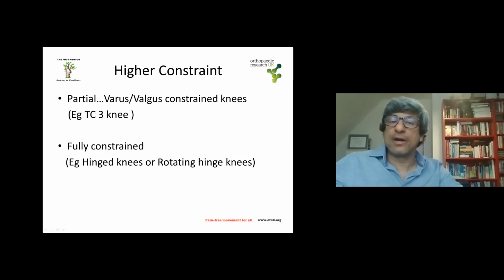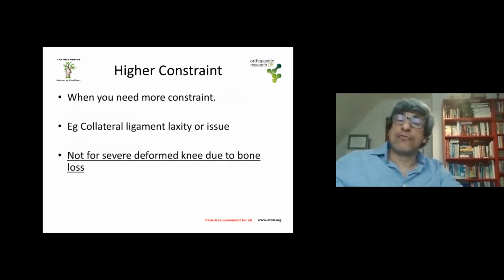And the next level up would be called a fully constrained knee, which we all know is a hinge. Nowadays, we don't use a hinge knee, we use a rotating hinge knee. So the next level up from your normal knee replacement for constraint would be a partial valgus varus constrained knee. And then say the next level up would be a fully constrained knee, which is a rotating hinge. Very important now.